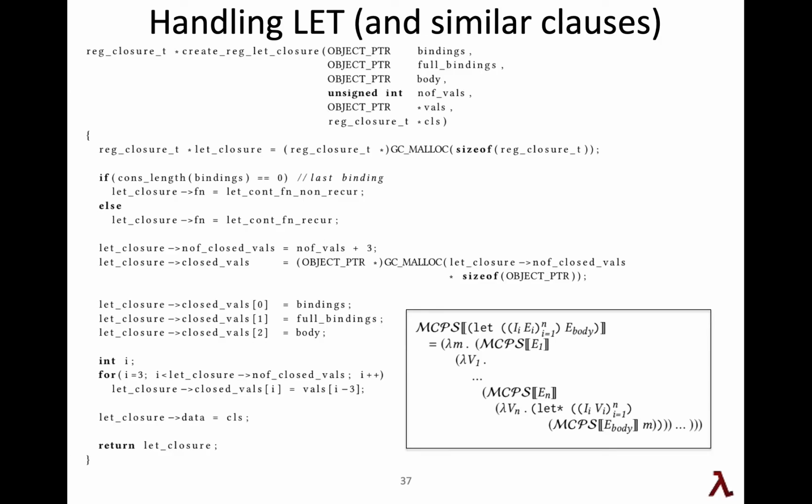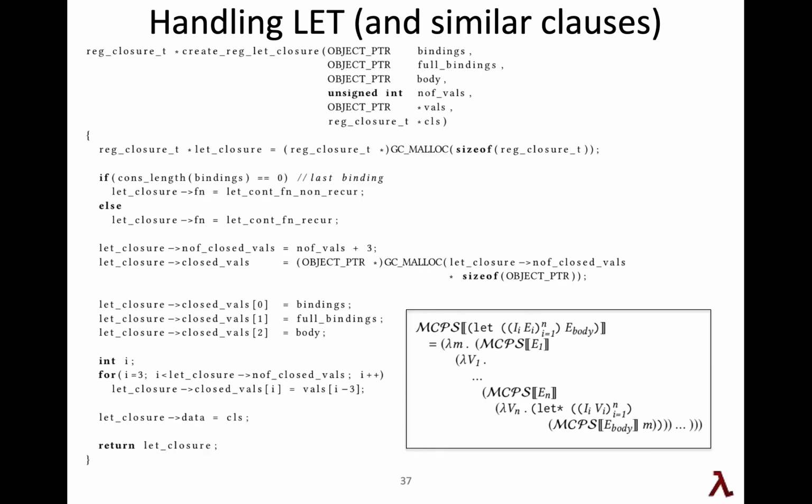The key thing to note here is the if clause, where if you have reached the last binding, then you have to treat it differently as compared to the case where you have not yet reached the last let binding. So you have two versions of the function slot here. The non-recurring version is called let_cont_f1_non_recur, and the recursive version is called let_cont_f1_recur.